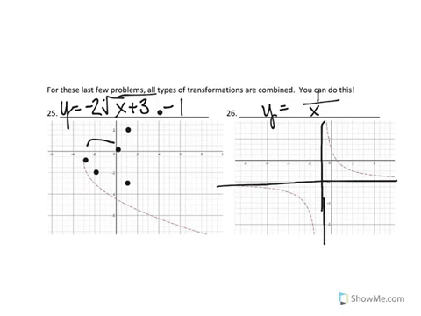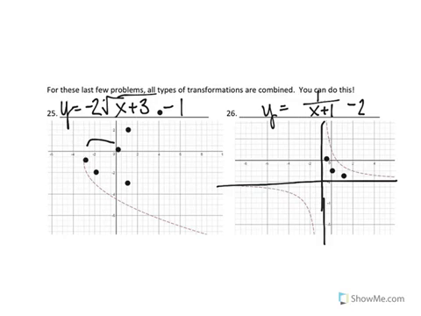So that would be a function of 1 over x plus 1, minus 2. And now we just need to check for any stretching that may have occurred. So I know if that's my new origin, I should go over 1, up 1, over 1/2, up 2, and over 2, up 1/2. That is not what I've done.